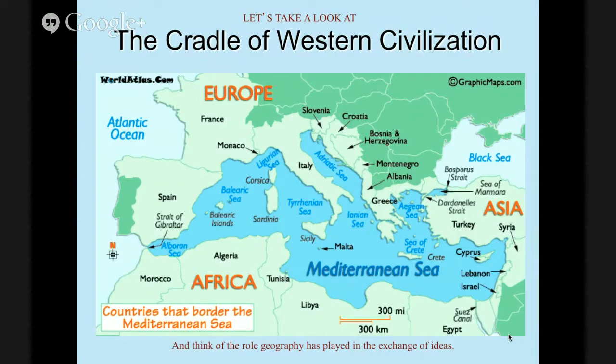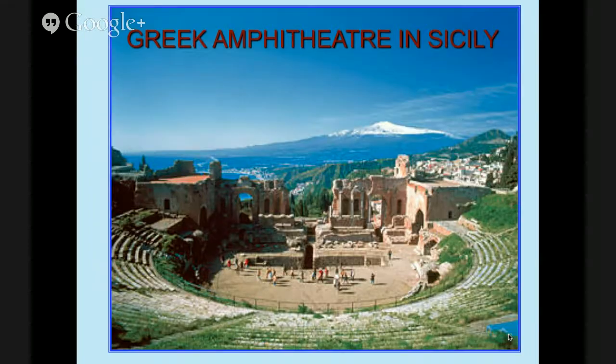First, let's look at the cradle of Western civilization. So we have Greece, which really is sort of the impetus of what we know of today as Western civilization. And a lot of this had to do with the trading routes from east and west, okay? And that was a good sort of middle area to meet. And all of these ideas and cultures sort of come together in this cradle of Western civilization.